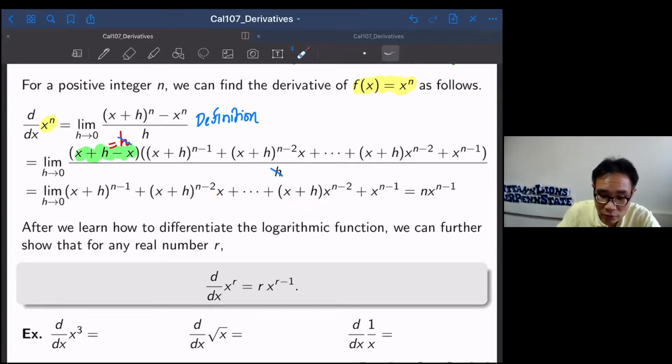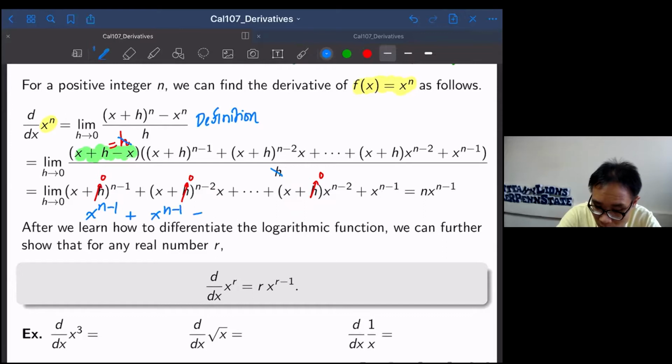And you take h going to 0, so h turns out to be 0. And you see that the first term becomes x to the n minus 1, and you have x to the n minus 1 for n terms.